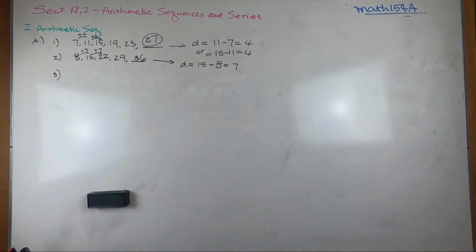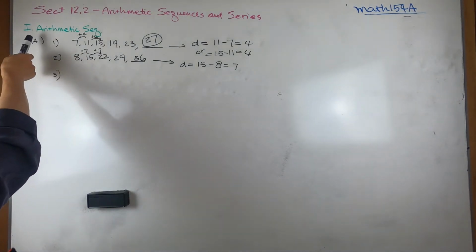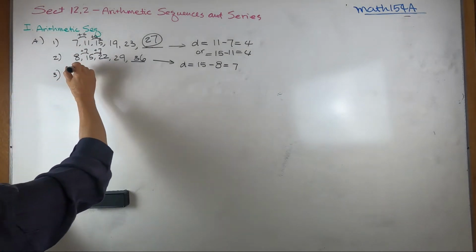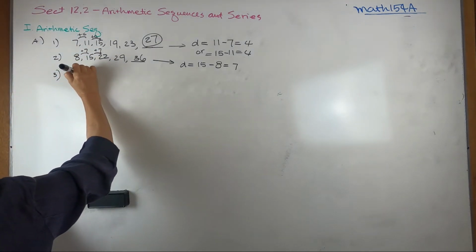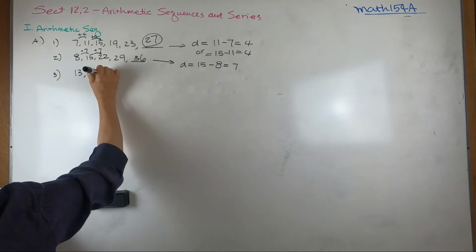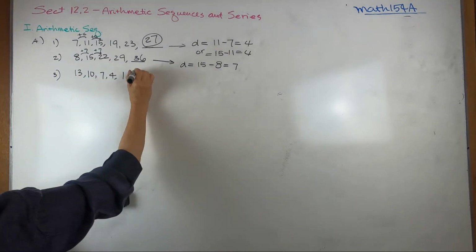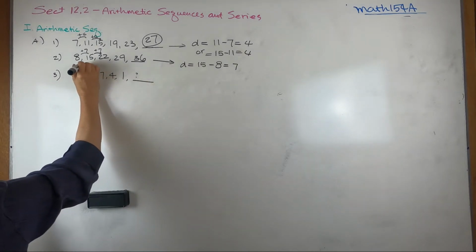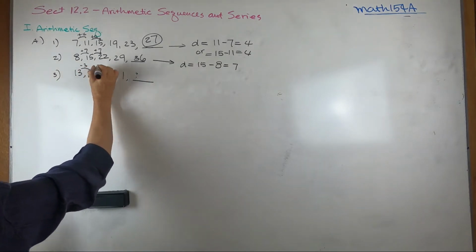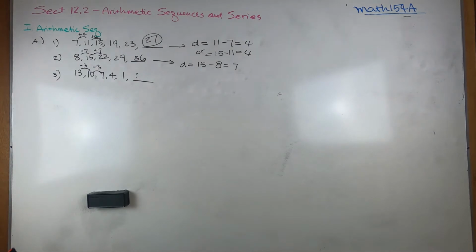Because the pattern is by adding a number or subtracting a number, we call them what? Arithmetic sequences, right? If it's 13, 10, 7, 4, 1, the next number would be by minus 3, or by adding a negative 3, right?